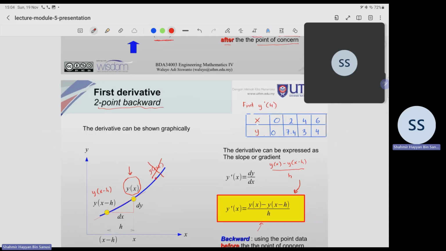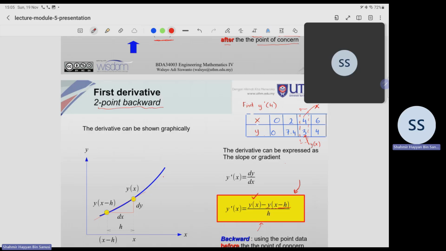So let's look at the example. Again, we want to find y prime 4. This is our point of interest, whereby our x value is 4. We can obtain our y(x) because our x is 4, so the y value is 3. So our y(x) is 3 and our x value is 4. From the equation, we know that we need to use the data before.